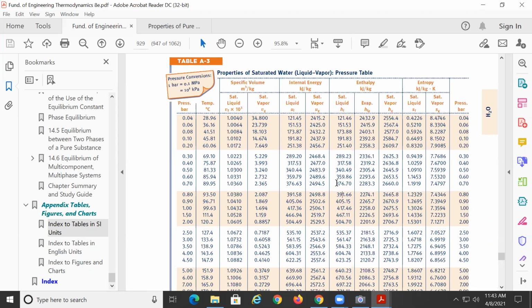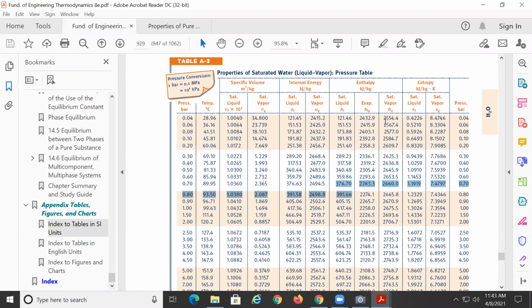What do you get over there? So 376.7 plus 391.66, that's equal to 384.18. Okay. I got 384.15, so yeah. Okay, it's fine. I mean, you could get the same thing. You are plugging the same values, I hope.